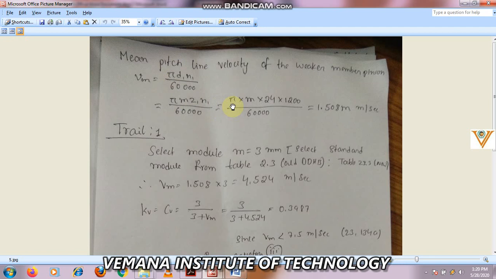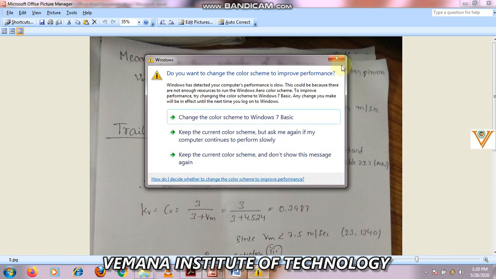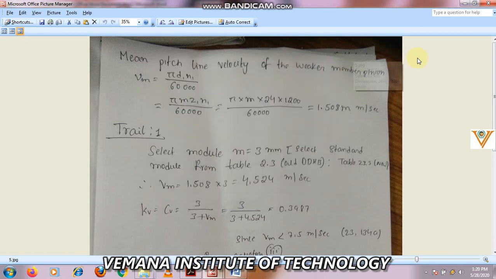Substitute all the values: pi, m, z1 is given, n1 is 1200. We get the pitch line velocity in terms of module only, 1.508 times module meter per second. So we have to assume the module.